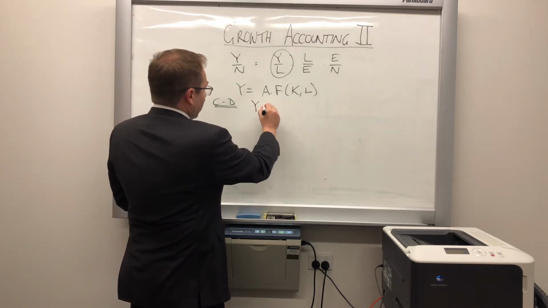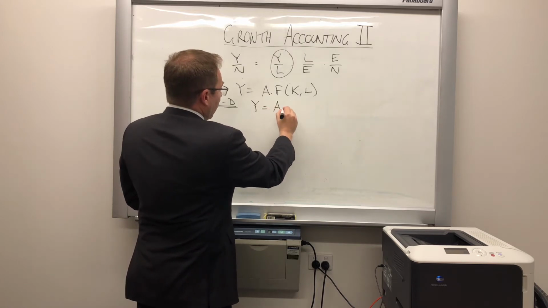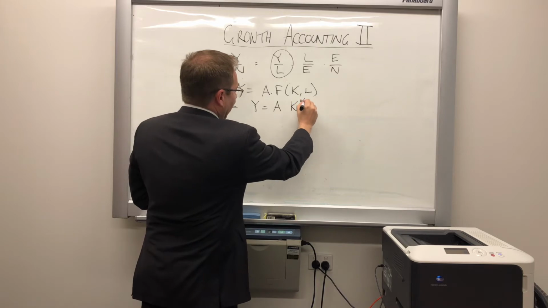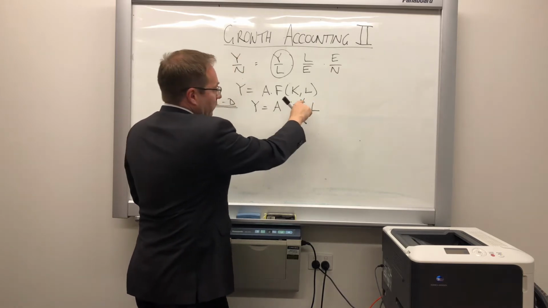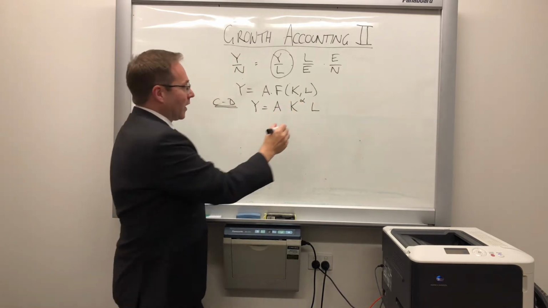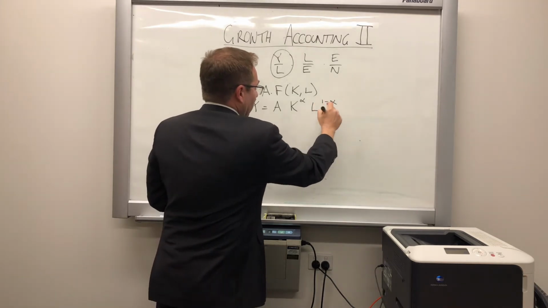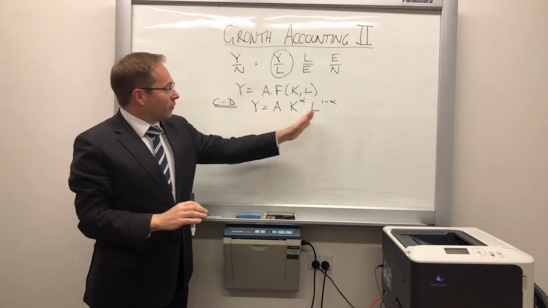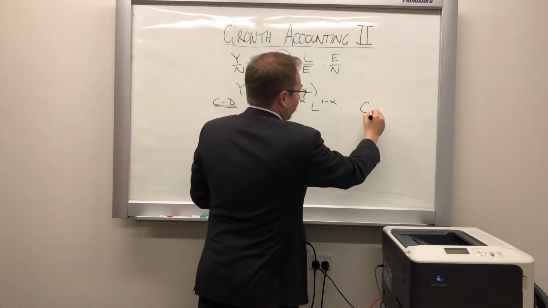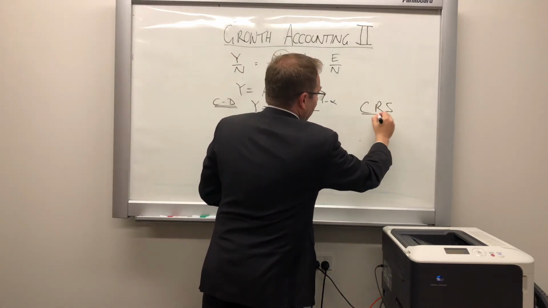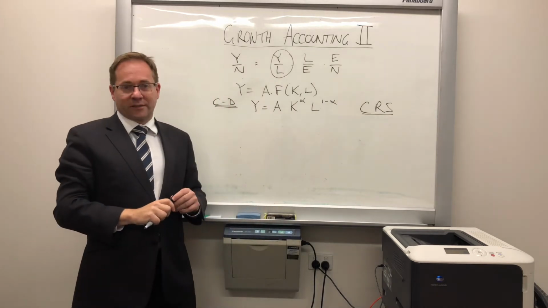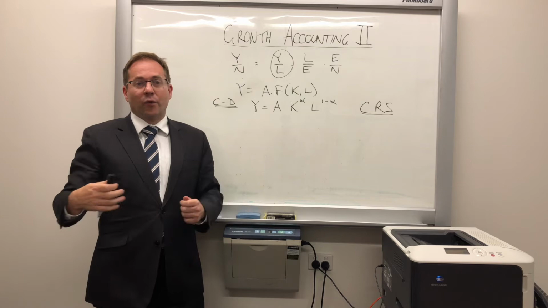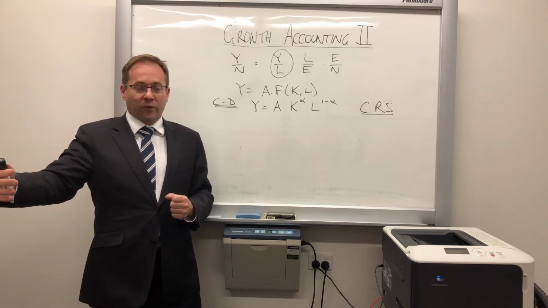Using the Cobb-Douglas production function, we see Y as a function of A multiplied by K to some kind of exponent, and the labour supply to 1 minus that exponent. Now, this has a number of characteristics. The critical one for our purposes is that it has constant returns to scale. And what that means is, if we double all the inputs, then we also double output.